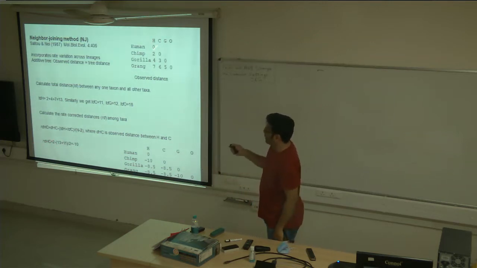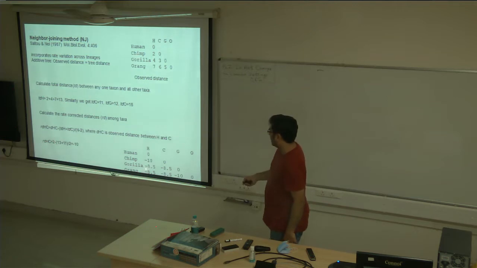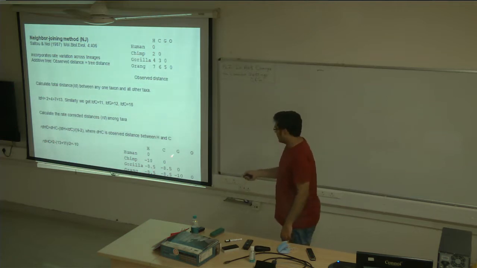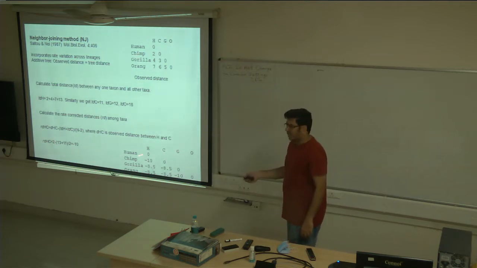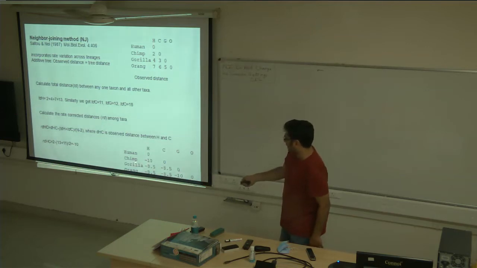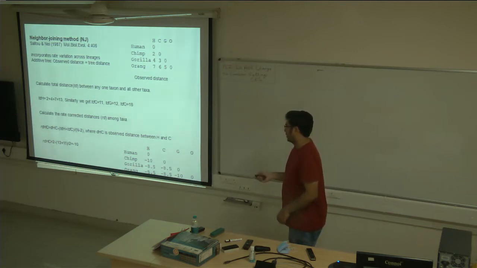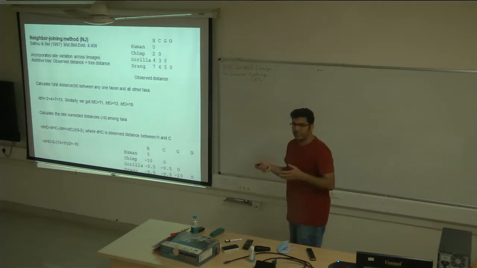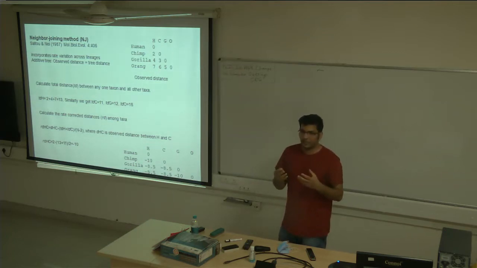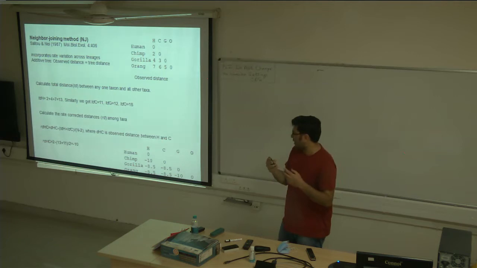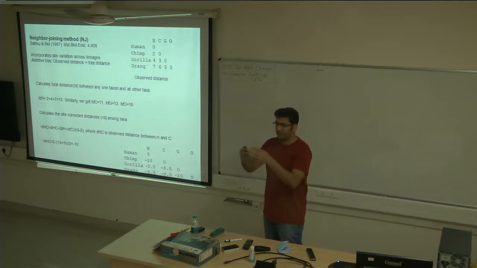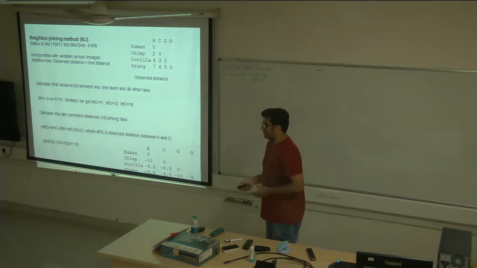Similarly, do it for all the taxa pairs. Are you able to see this matrix at the bottom? So you get this rate corrected distance matrix for all these taxa pairs. I think the rate corrected distance is calculated because we want to pick the two taxa with the lowest distance so that we can start building our tree, just like UPGMA.